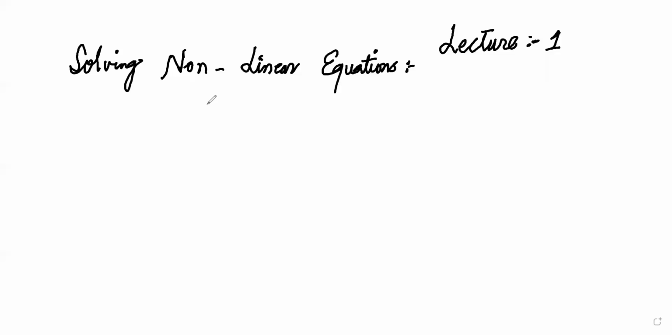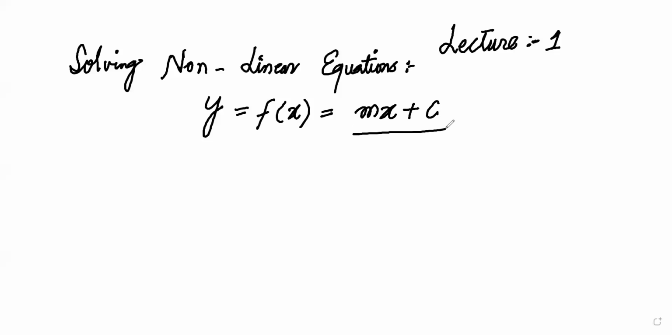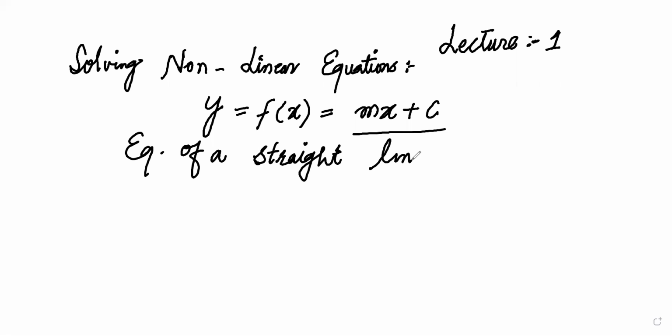mx plus c. We're quite familiar with this equation, and we often call this an equation of a straight line. We often say that this equation is a linear equation.